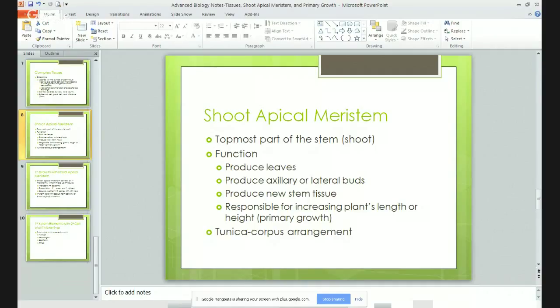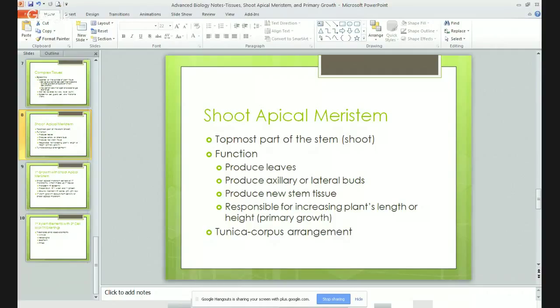Your shoot apical meristem is going to be made up of cells that are constantly dividing, undergoing cell division to make more cells. So the main job of your meristem is to do the following, which is to produce leaves, to produce axillary or lateral buds.